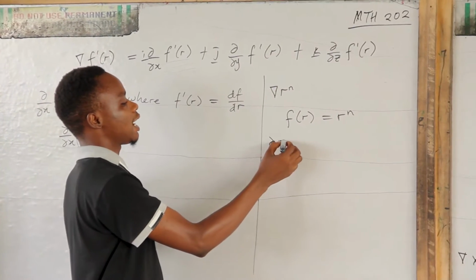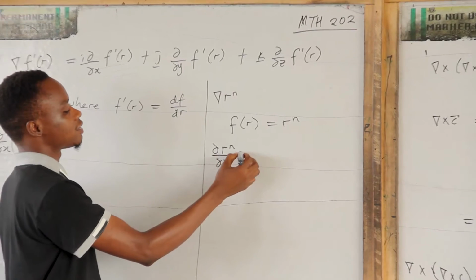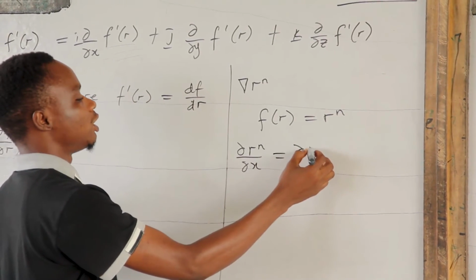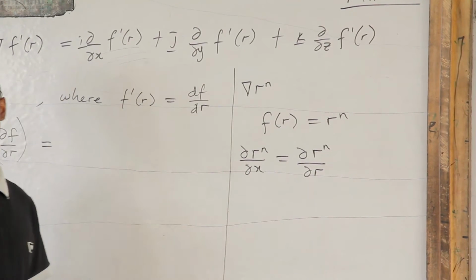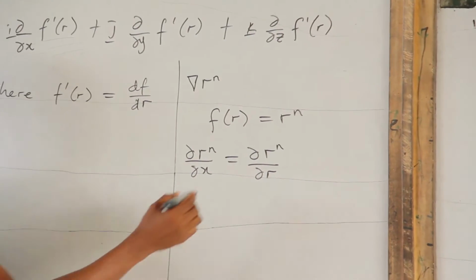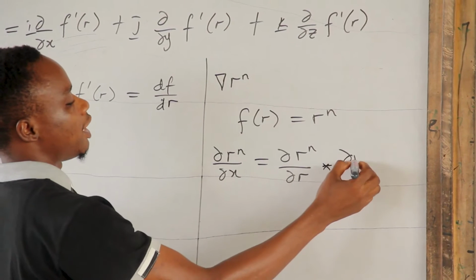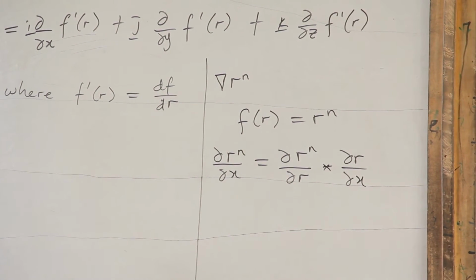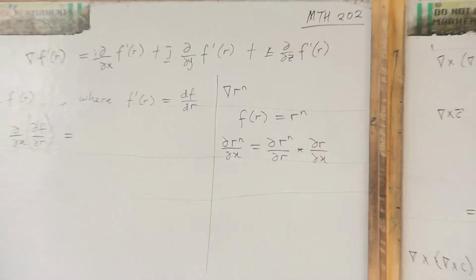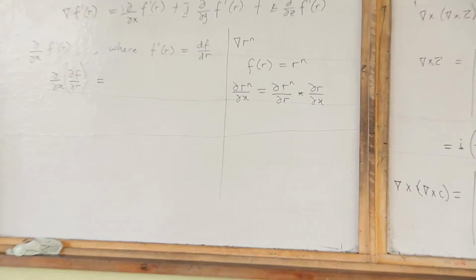We did del r raised to power n del x, which was equal to del r raised to power n del r, that is differentiating with respect to r, and use the chain rule to get the derivative multiplied by del r del x. Does it make sense? Do you understand this? This was how we got the derivative that day. Can you remember that? Are we together?